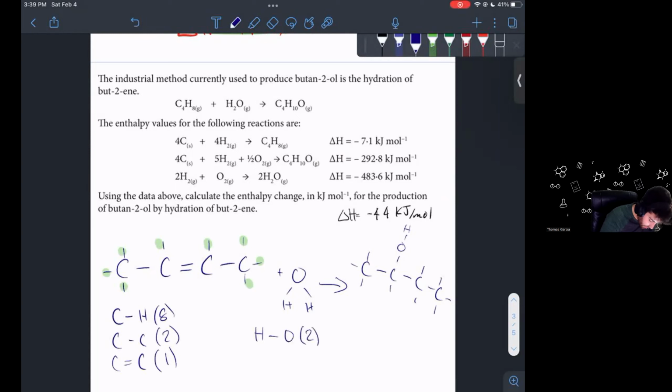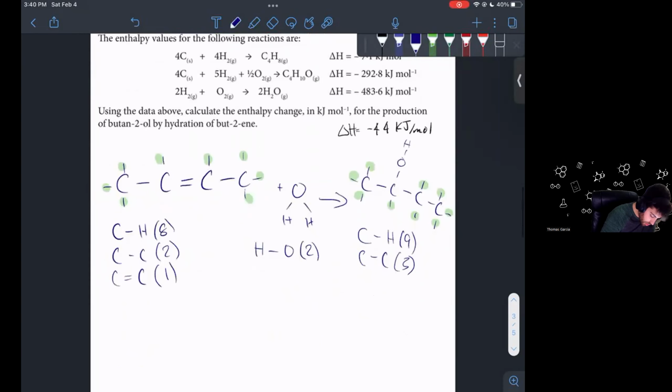And then lastly, we have our carbon-hydrogen bonds in our product, which is going to be 1, 2, 3, 4, 5, 6, 7, 8, 9. We have our carbon-carbon bonds, which is going to be 3. And we have our carbon-oxygen bond, which is going to be 1. And our oxygen-hydrogen bond, which is going to be 1.